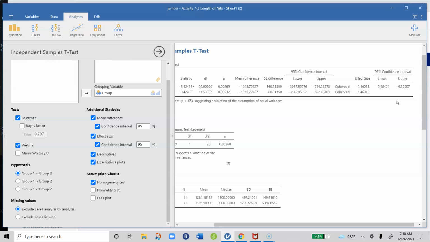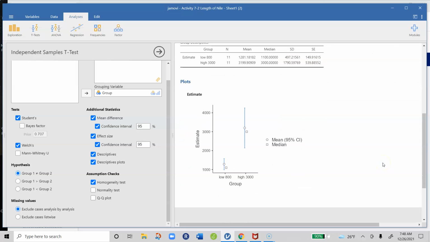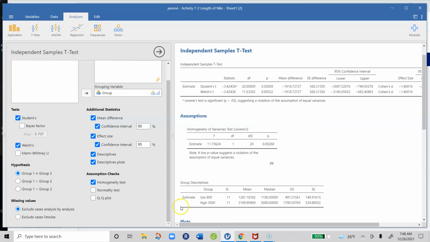The difference is probably not due to sampling error, but we should be very cautious in interpreting results with this small of a sample size, especially with a study where, in this case, it would have been really easy to collect more data and have a bigger sample size. If you scroll down, you can also see plots here showing the two groups, means and medians and variability. Okay. All right, and that is all you need to do for activity 7.2.